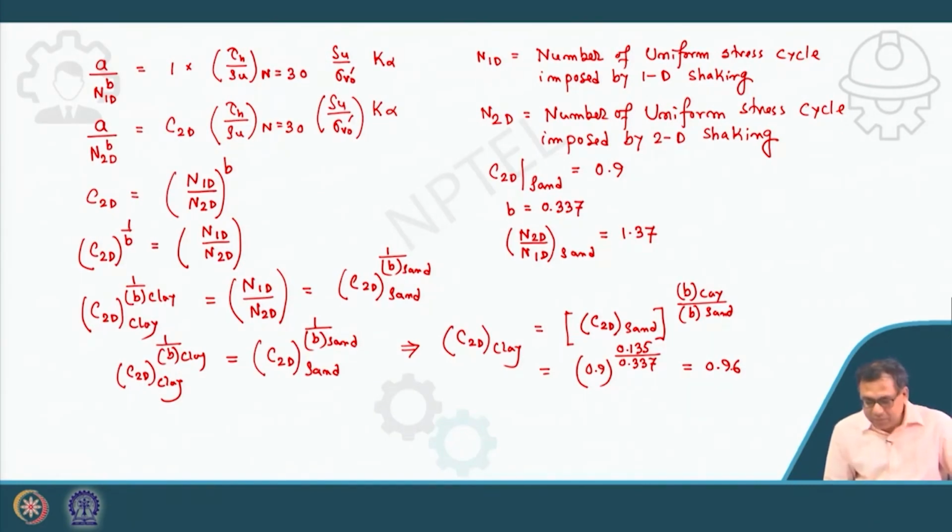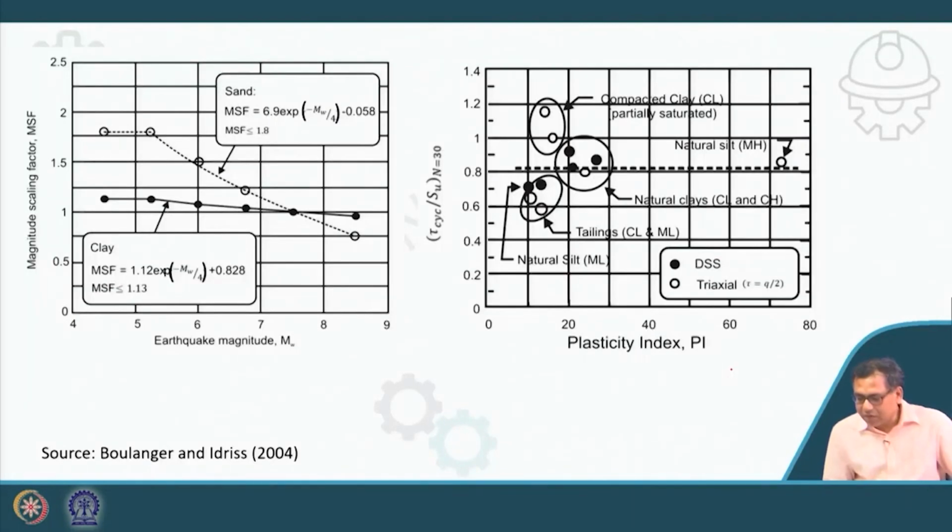Now, from the study it is observed that for any plasticity index, PI value, it starts from 7, because less than 7 it is liquefaction.